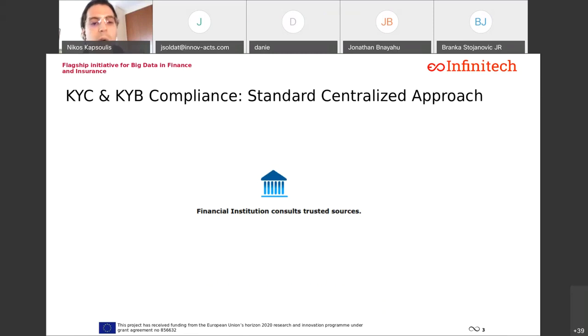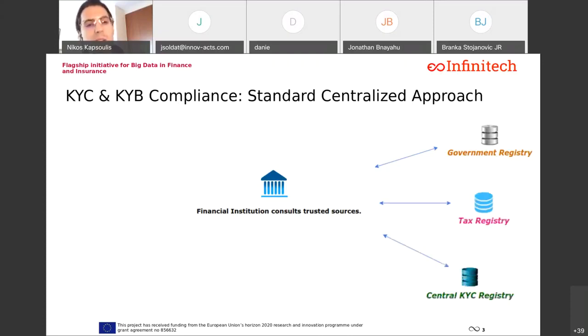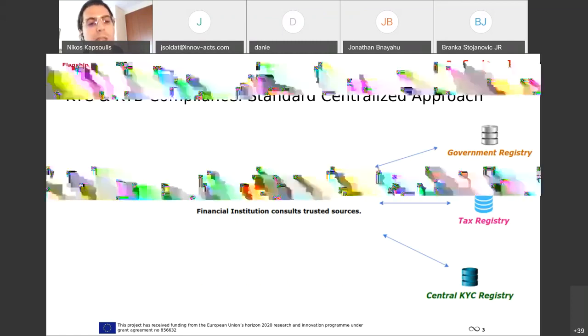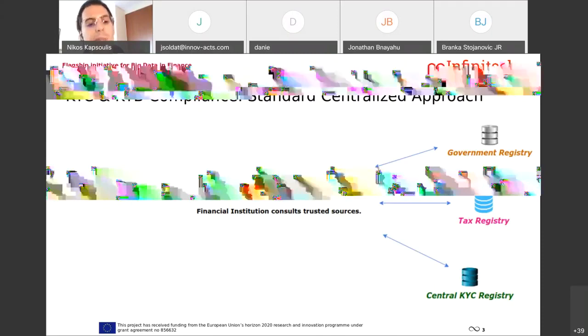And what this means is that they ask about the client data from government registries, tax registries, or central KYC registry, which are actually very big companies that are dedicated to this business, and they keep stored client information.